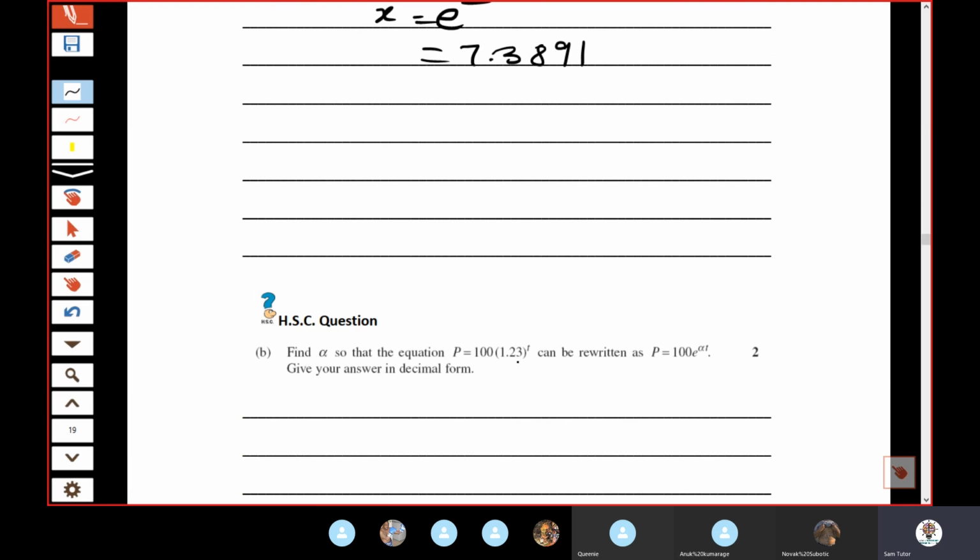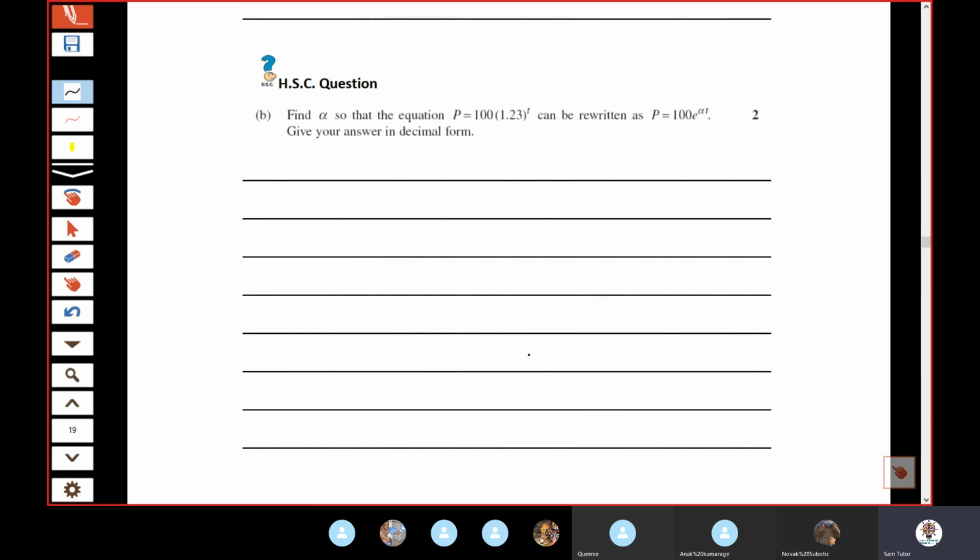And let's have the equation. Okay, that would confuse a lot of students. It says find alpha so that the equation of this can be written as this. A lot of students who are not comfortable with exam questions obviously get very stumped by that, but all it's saying is that the hundred is the same, so you can kind of ignore that bit. It's just saying that e to the power of alpha must equal 1.23.